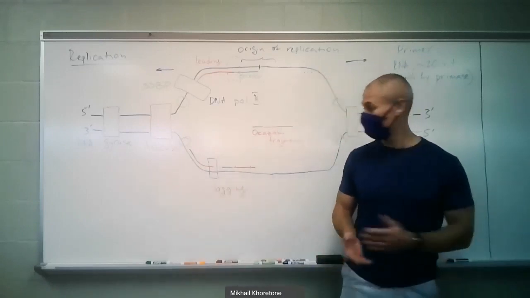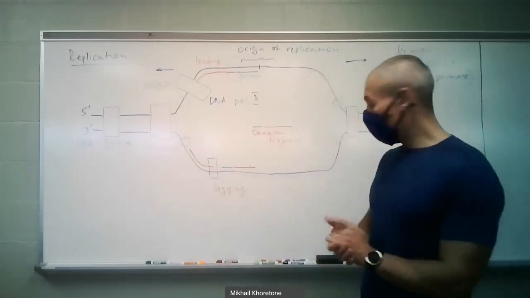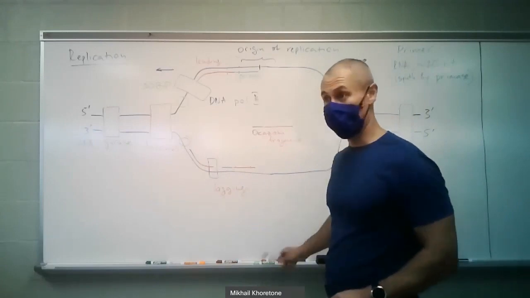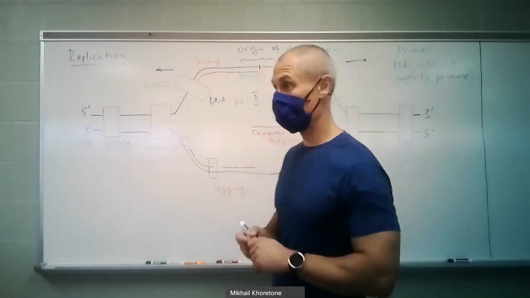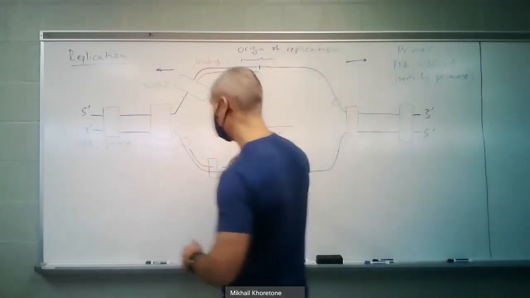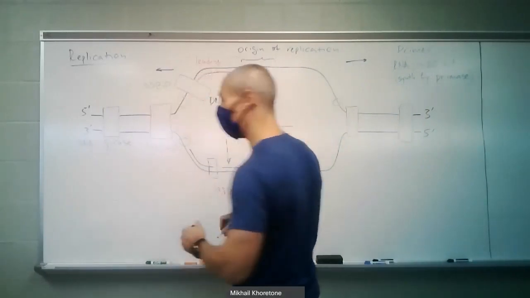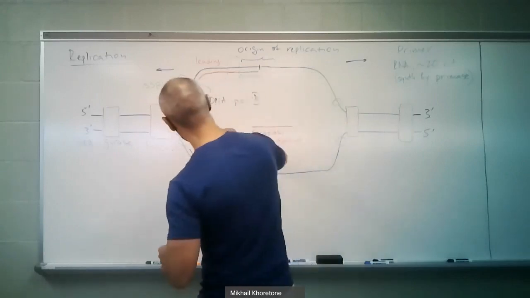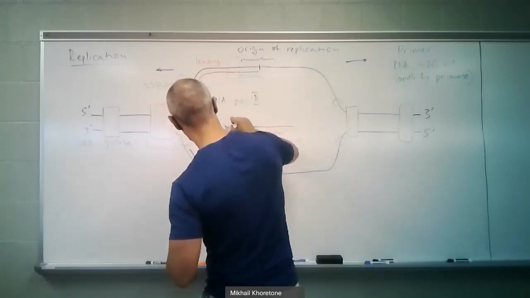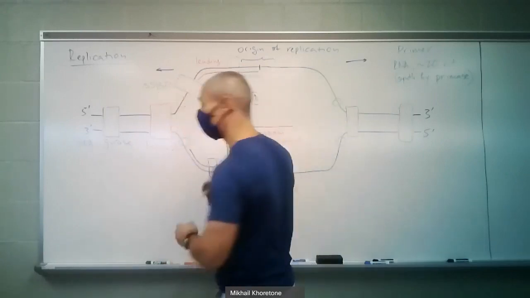So what are we going to do? We're going to place, I'm running out of colors. We're going to place a special protein. I'm not going to draw the protein. I'm just going to show that it's going to be placed here. The protein is called DNA Polymerase 1.